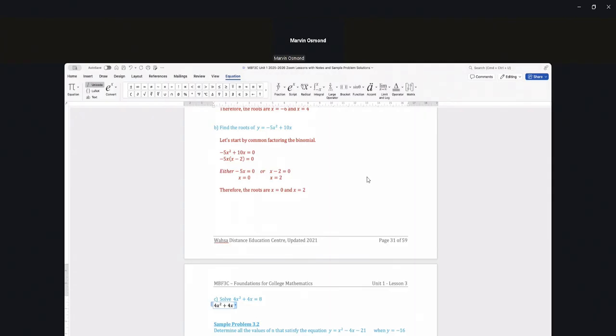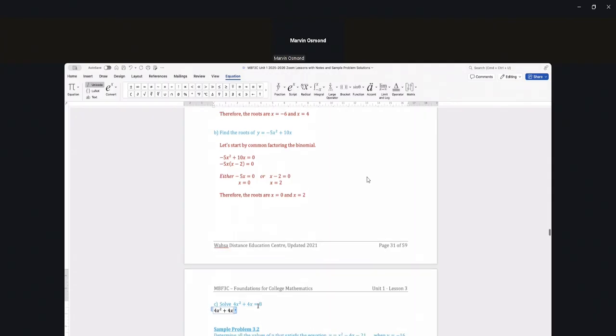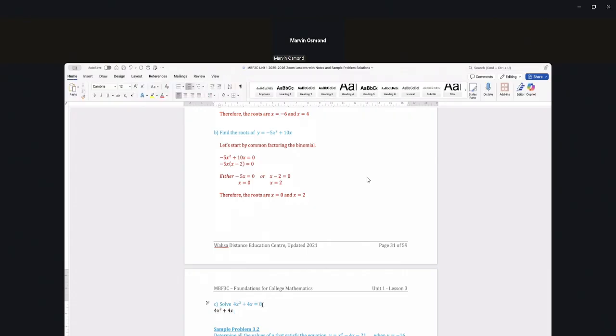And then to solve this, I need to get rid of the 8 to make that a 0. So to make that a 0, I need to subtract 8 from that side of the equation. If I subtract 8 from that side of the equation, I also need to subtract 8 from the other side of the equation. Equals 8 minus 8.